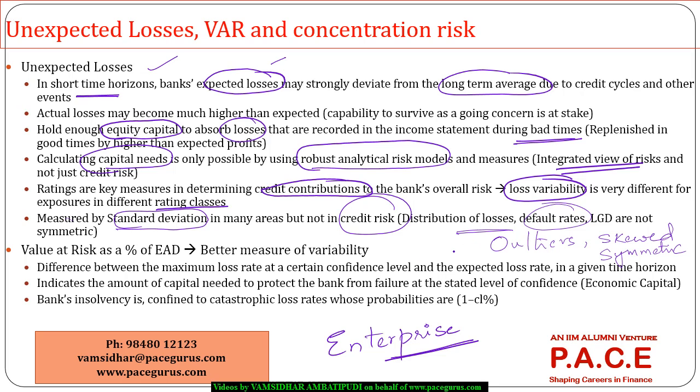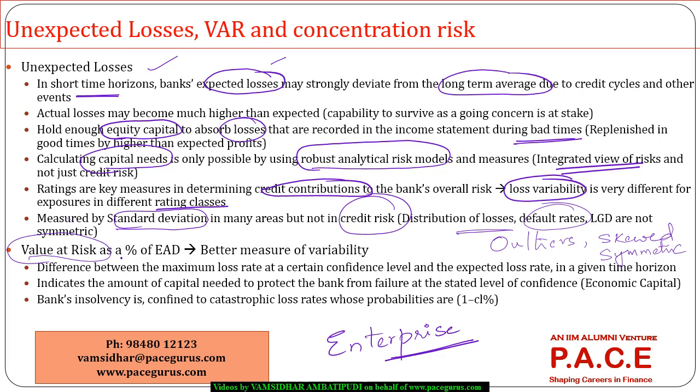So because the majority of the credit risk related elements are asymmetric, we cannot use standard deviation as a measure of credit risk. Now this is where we are talking about using value at risk, which is expressed as a percentage of exposure at default, being a better measure of variability compared to the standard deviation.